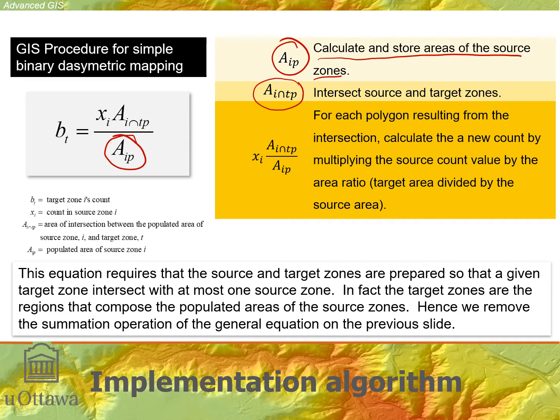And we intersect the source and targets, just like in basic area interpolation. And then multiply the total count in each source zone by the proportion of each target within the polygons that are being analyzed.